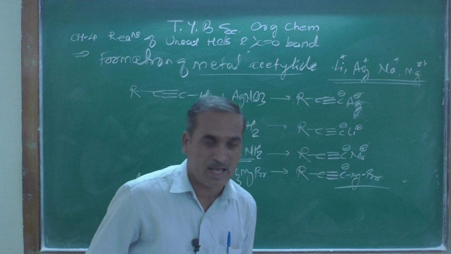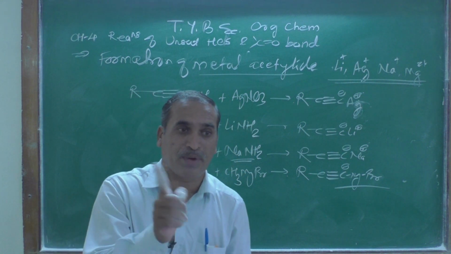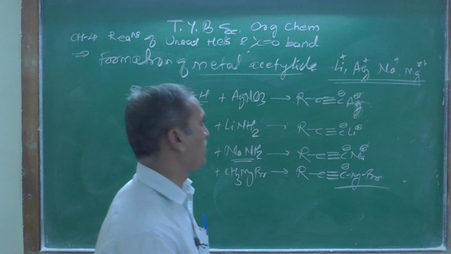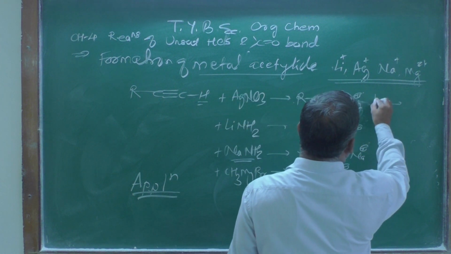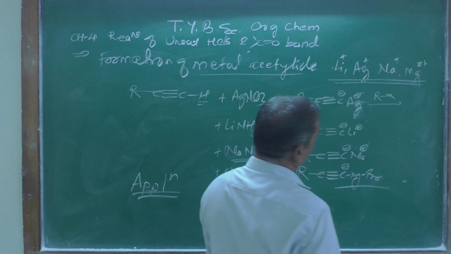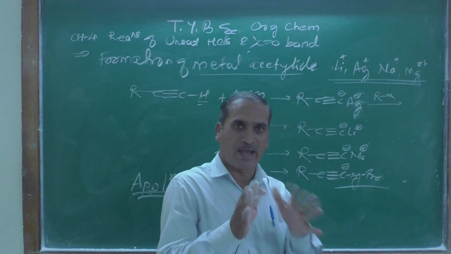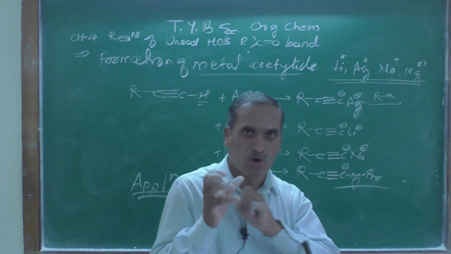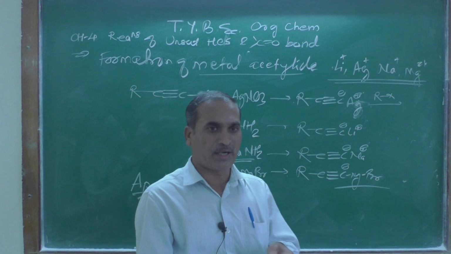If this acetylide halide is treated with a primary alkyl halide, remember primary alkyl halide, what is happening in this alkyl halide? As we know, it is a polar compound, right? Why is the polarity induced?